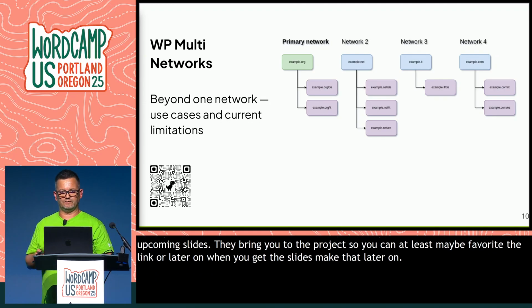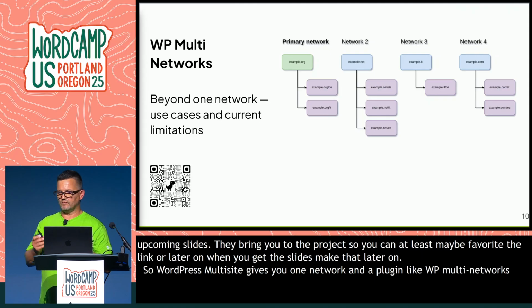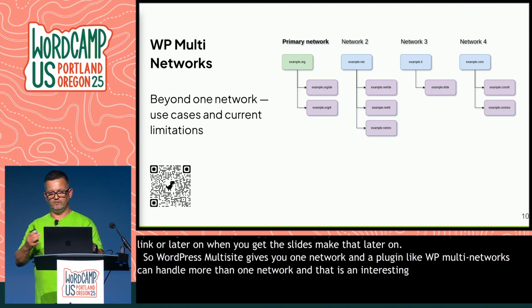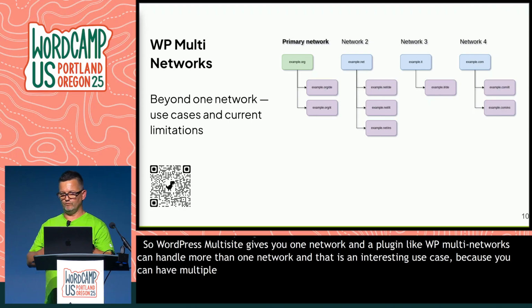WordPress Multisite gives you one network, and a plugin like WP Multi-Network can handle more than one network. And that is an interesting use case because global brands, multiple brands, can have them together in one installation with different networks.